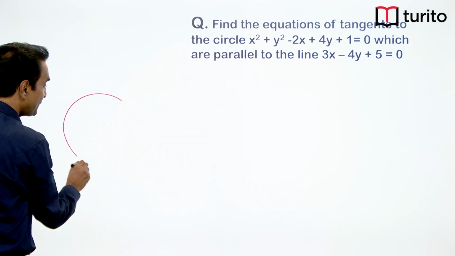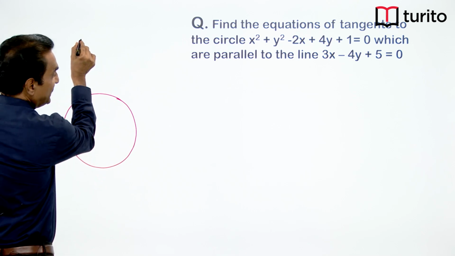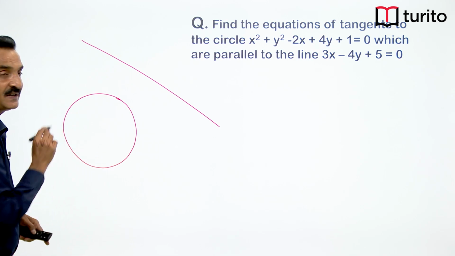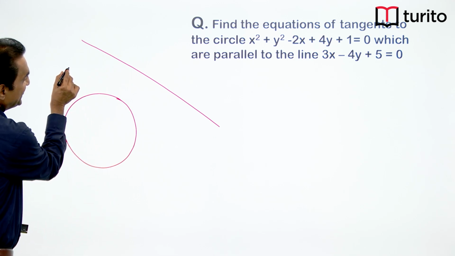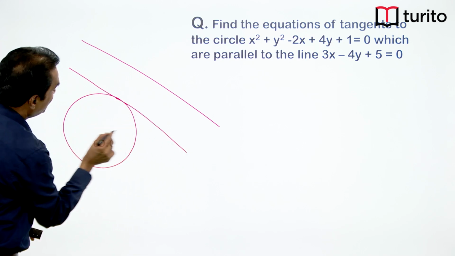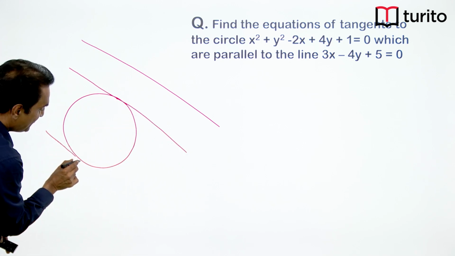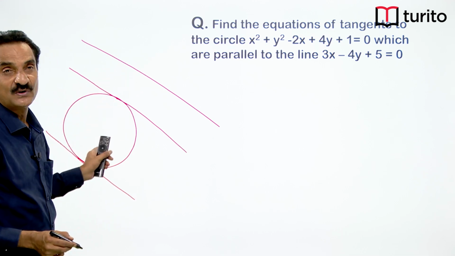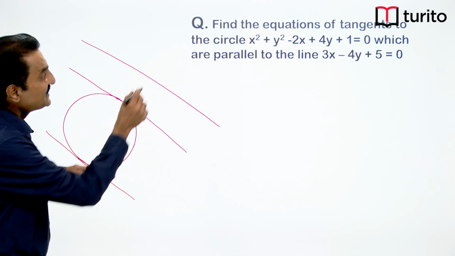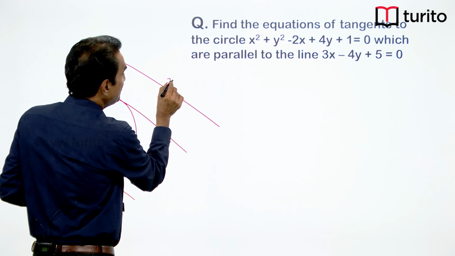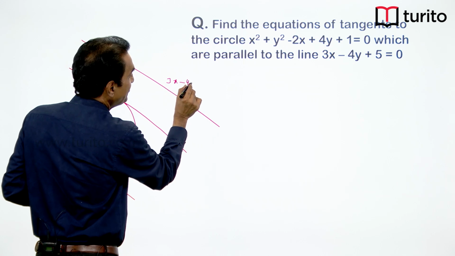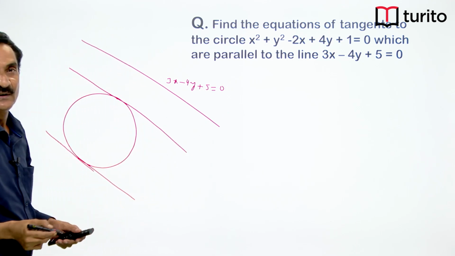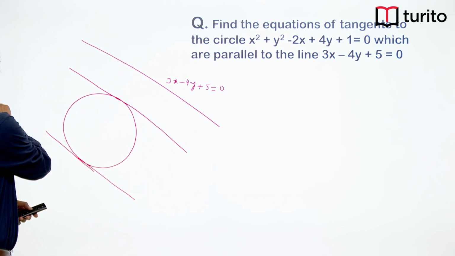Suppose this is a circle and some line is given, and parallel to that line how many tangents can be drawn? 2 tangents, one tangent like this, another tangent here. Now, how to find the equations of these 2 parallel tangents? This line is 3x minus 4y plus 5 is equal to 0. Now, I will show it in the diagram and explain.